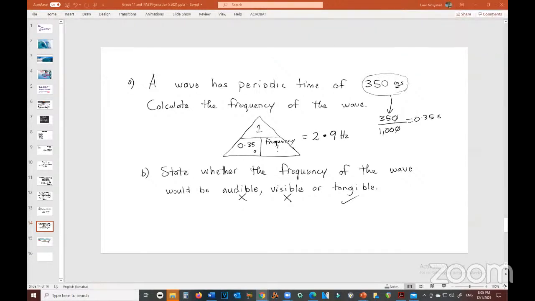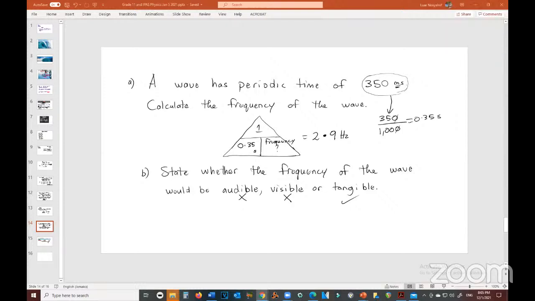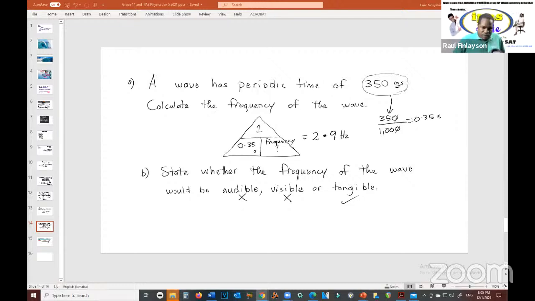Do you have any questions about this topic? Do you think you're understanding it? Yes, sir, I'm understanding it. All right, good. There's another formula for frequency, and we're going to look at that next class and look at some other examples.